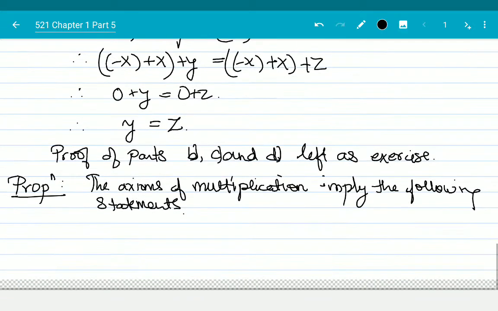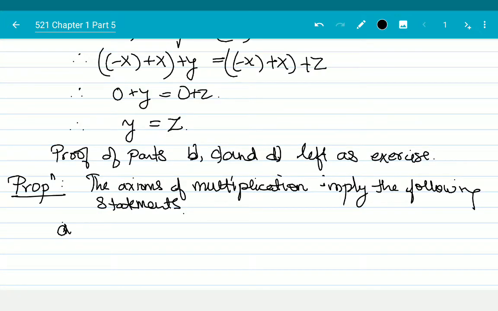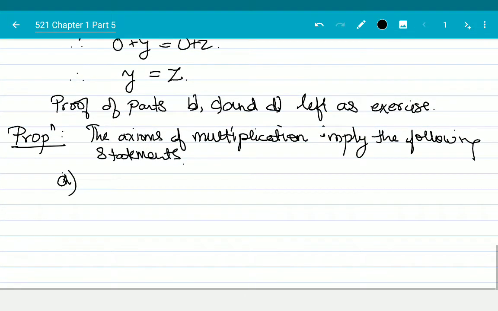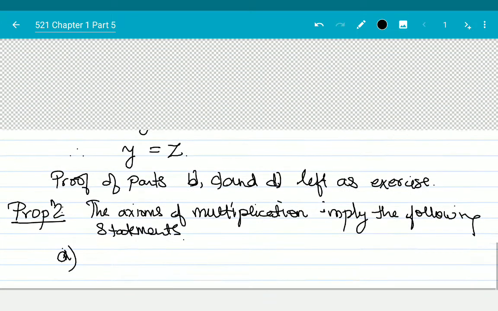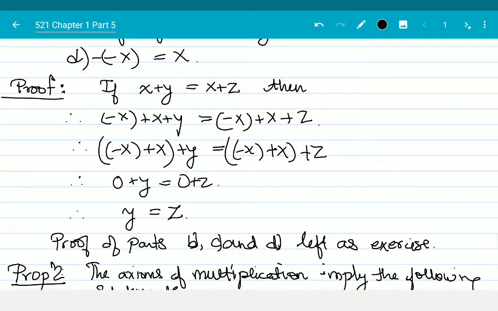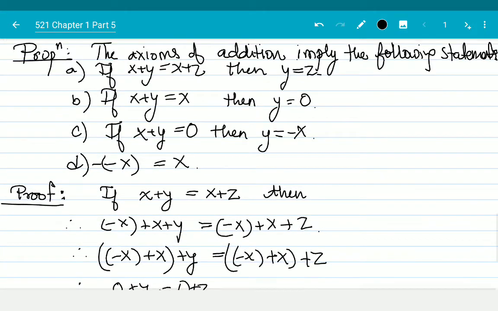These statements are exactly similar to statements in the previous proposition, so maybe I should call these proposition 1 and 2. I'm going to call this proposition 2.